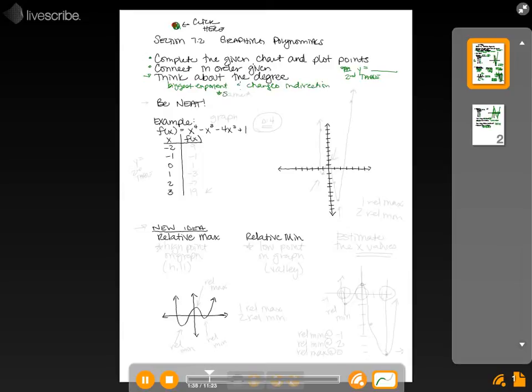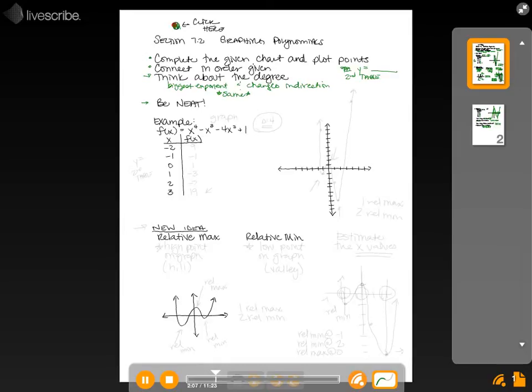And you need to make sure that they are the same number. So if my greatest exponent's a 5, I should have 5 changes in direction on my graph. They should match. That's one way to check as you go that you're doing the problem right. And the last thing is that you should be neat, because eventually we're going to estimate values, and if your graphs are sloppy, then your estimations are going to be off.